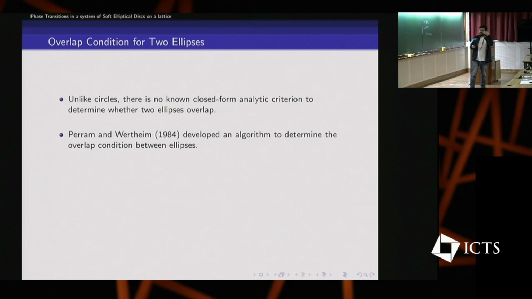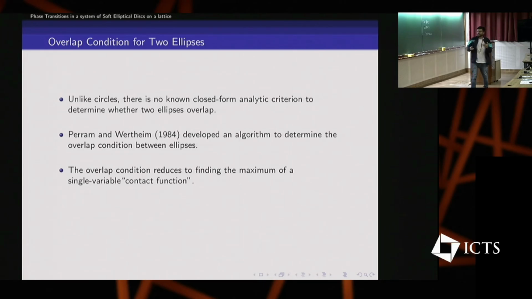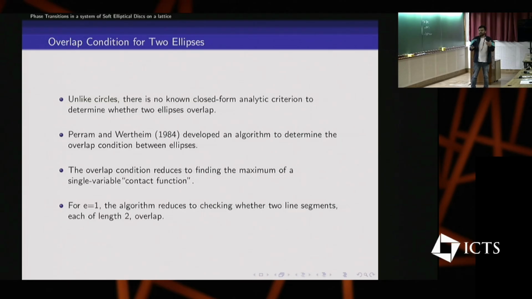In this work, I have used that algorithm for elliptical disks. Basically, it reduces to finding the maximum of a contact function, given the orientations and the centers of the two ellipses. It just becomes a 1D optimization problem, which is the major time-consuming step in this problem. And again, for E equal to 1, this algorithm reduces to checking whether two line segments overlap or not.